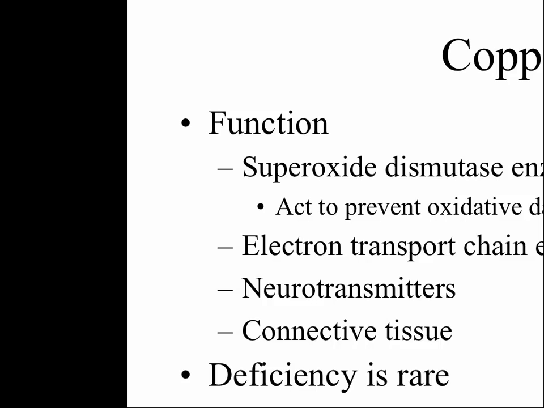Copper is part of your antioxidant defense. So superoxide dismutase enzyme. That is present at the electron transport chain and reduces free radicals that would otherwise cause oxidative damage. It's important for neurotransmitters as well as connective tissue.